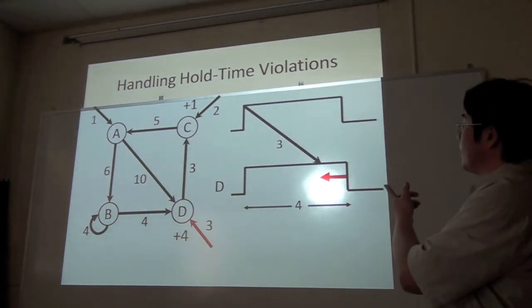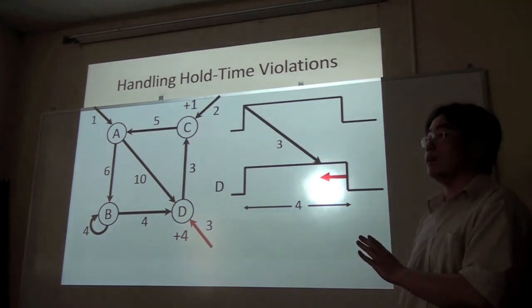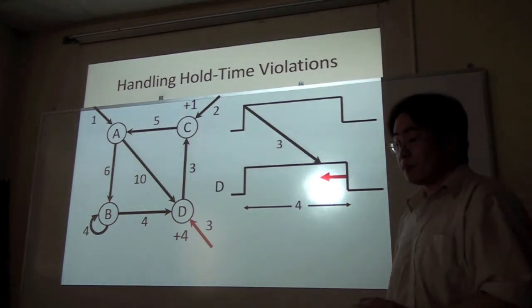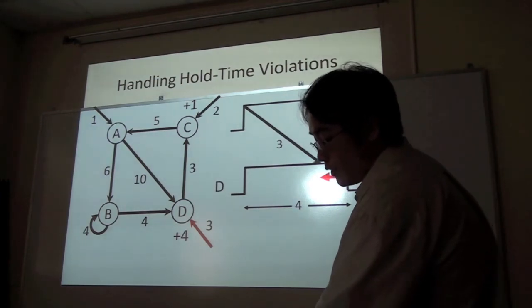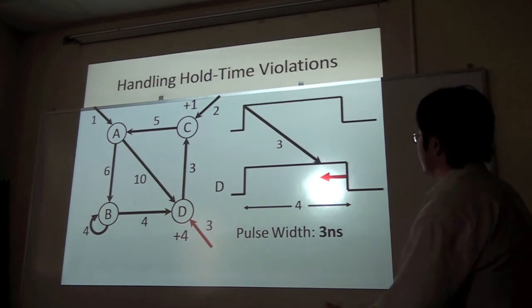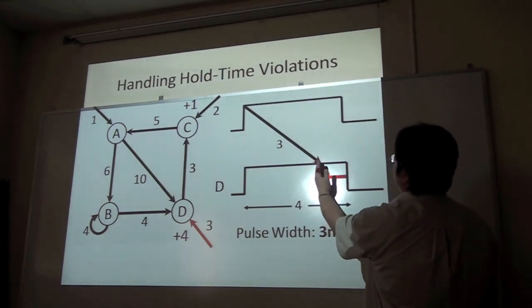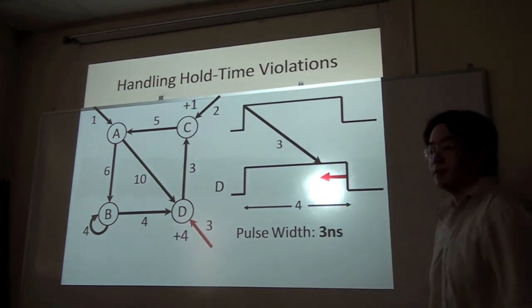Based on that timing diagram on the right, you can clearly see that, left on its own, this is a hold time violation. And so for us to fix this, we have to use a pulse width of 3 nanoseconds, basically bringing this edge to where the signal arrives.